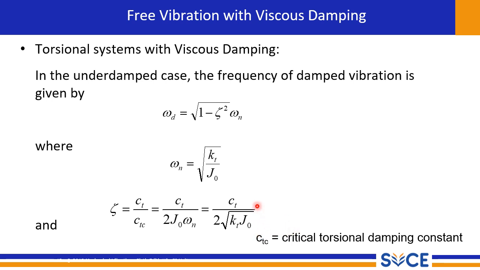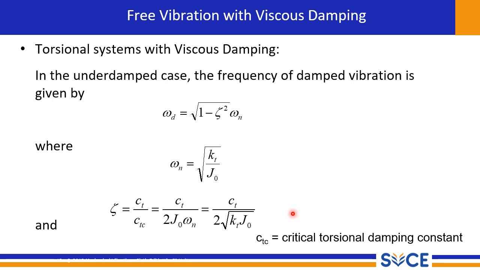C suffix T is the damping coefficient, but C suffix TC is the critical torsional damping constant, which is rewritten as 2 J naught omega n, and once again rewritten as 2 root of K suffix T into J naught.